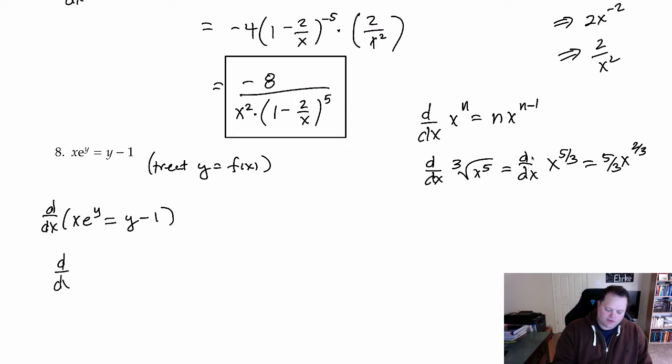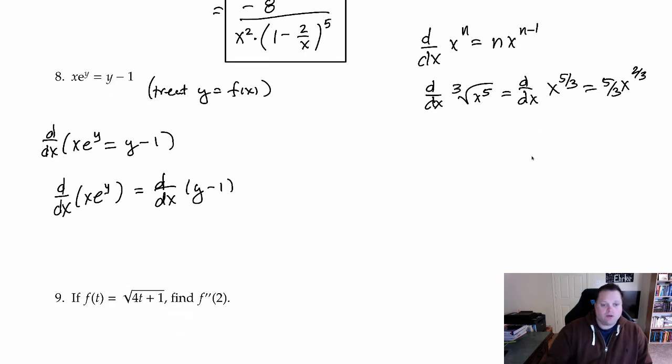So the derivative of this first piece is going to involve product rule. The derivative of the other side is pretty simple. So here you can do u is x, u prime is 1, v is e to the y, which means v prime is e to the y times y prime.